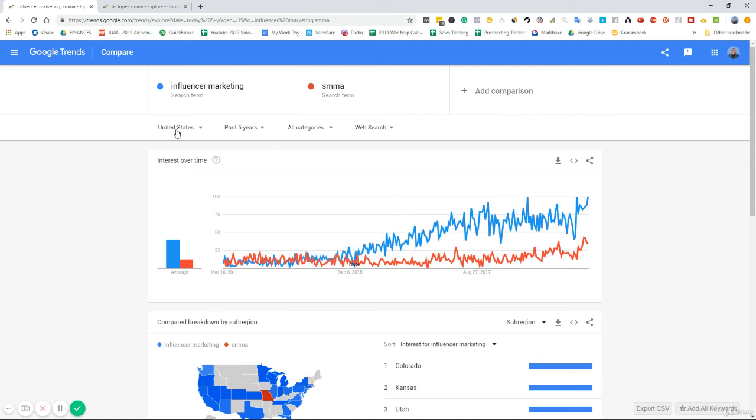But let me give you an example of how I really use this, and the best way to utilize this in conjunction with a keyword research tool. So I would start with this tool if I was doing a national campaign, for SEO, for example, or even an AdWords campaign.